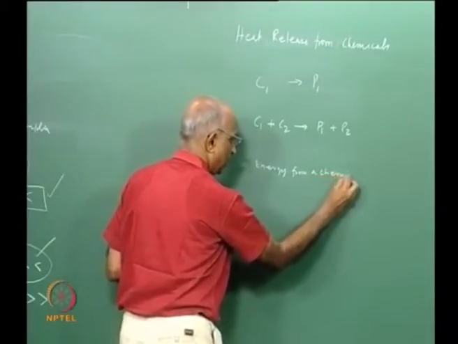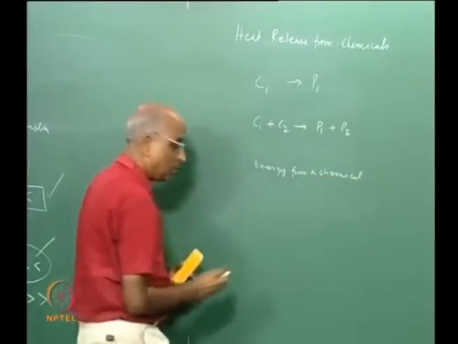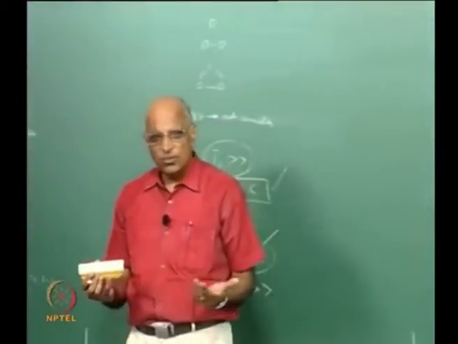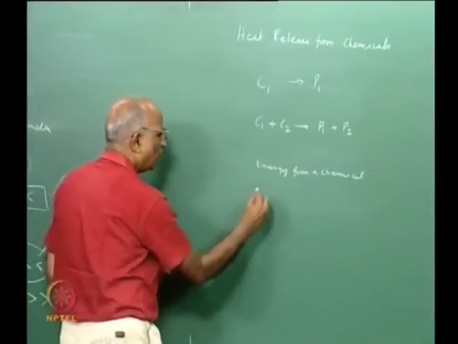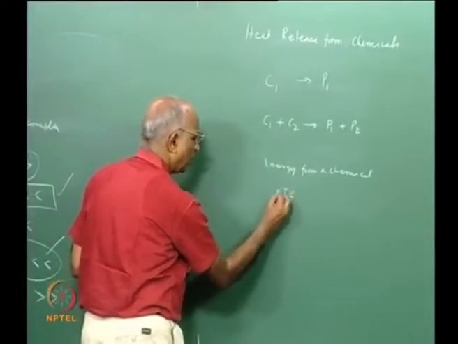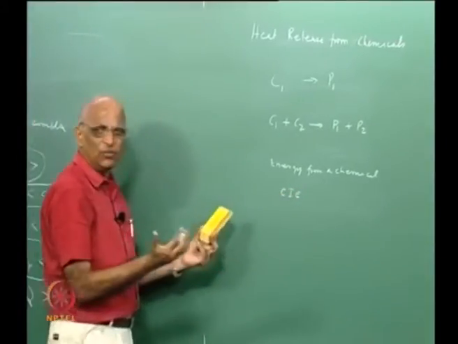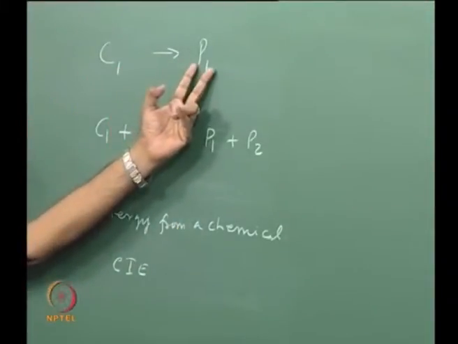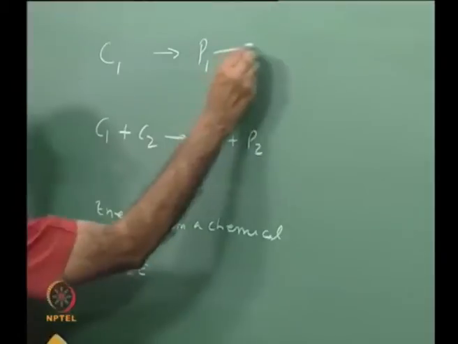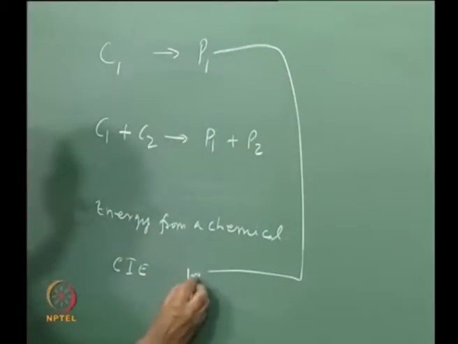All of us have studied this both in the combustion course and in the course on explosions. Any substance, any chemical will have its own internal energy. I call it the chemical internal energy of the substance. Now, if it gets converted to products, they will also have some internal chemical energy.